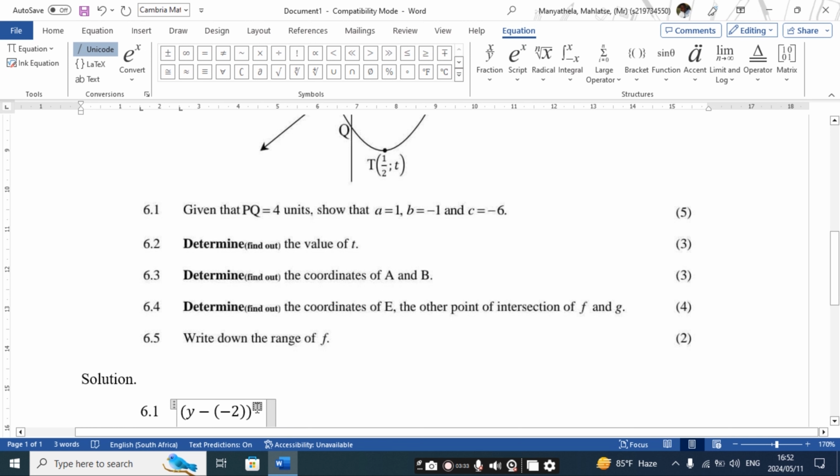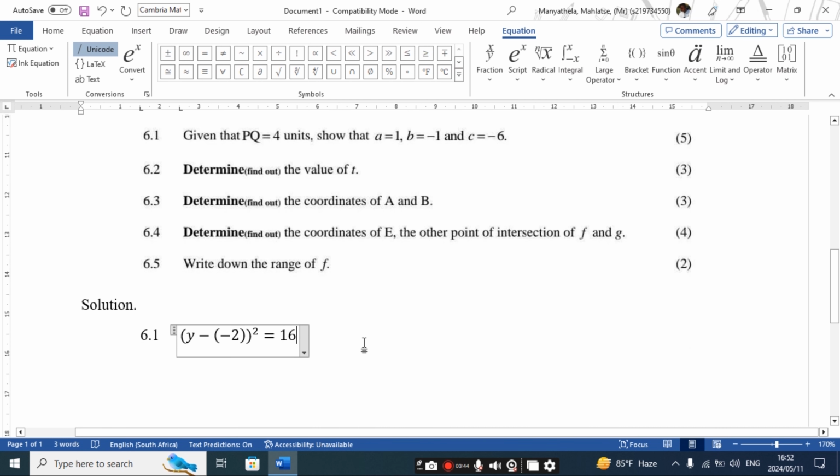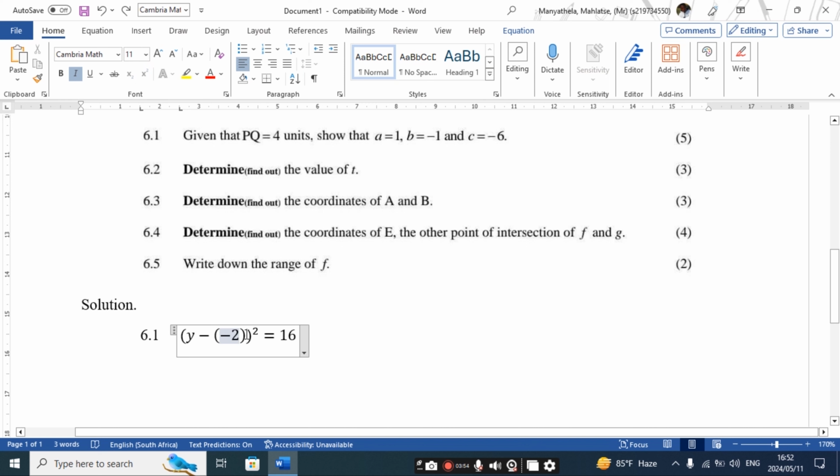So all squared equal to 16. Negative into negative will give us positive. Well, let me just write it as y plus 2. This is y plus 2, because negative into negative will give us positive.